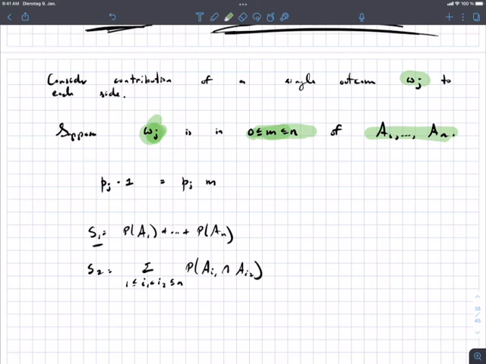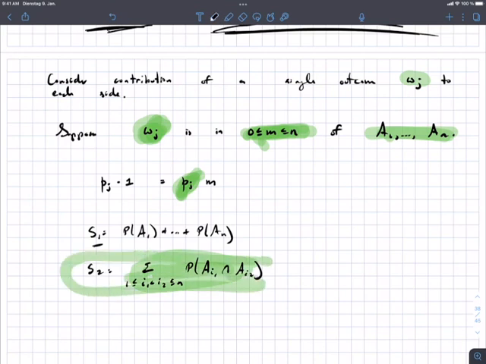Now, if my outcome is in exactly m of these, then I can think of how many times I'm going to add this probability pj up when I take this sum, and it's going to be m choose 2 times.